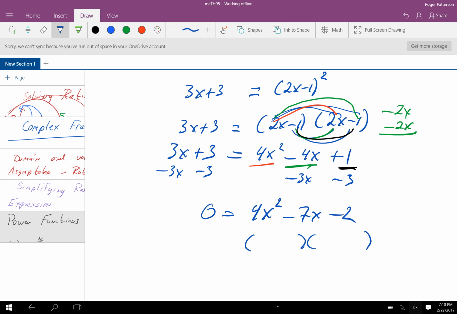So let's see. Should we go with 4 and 1 or 2 and 2? What do you want to do for your first one? 2 and 2. I like it. I think it might work. This one, I got a 1 and a 2. So let's see. We get 4 there. I get 2 there. Rats. Didn't work.